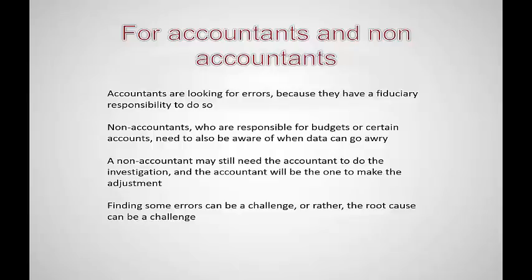A non-accountant may still need to call the accountant to do an investigation, that's perfectly fine, and the accountant will be the one to actually make the adjustment in the general ledger.